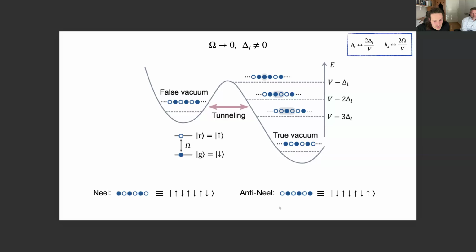As I said, there are two ordered ground states, the Néel and anti-Néel, but when you introduce the local detuning, you break the symmetry, you have an energy difference between the two vacua, and then again you have the same phenomenology. Essentially, you create your excitation, you change the order in a small domain, you pay the energy price given by the energy scale because you're creating two domain walls, but then if the domain is big enough, you can eventually compensate.